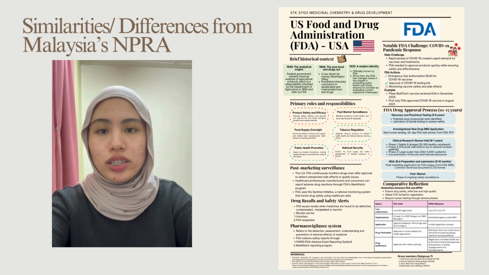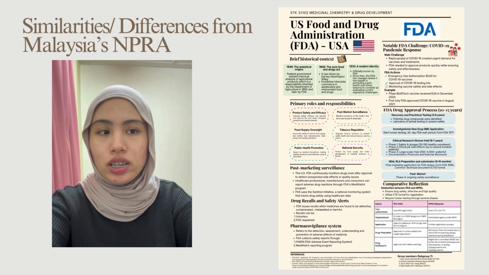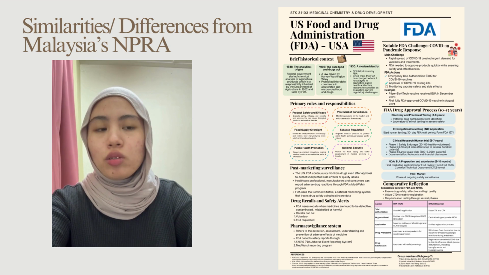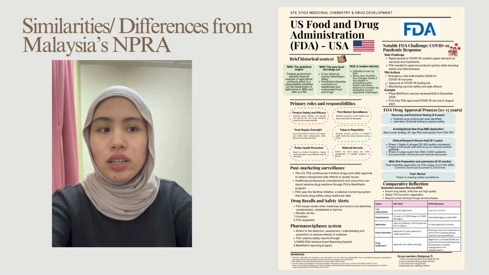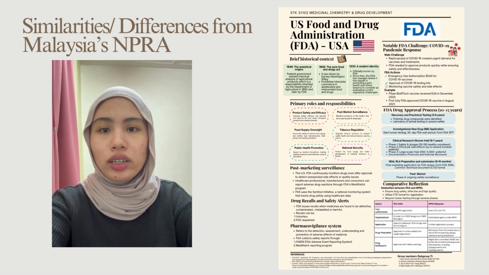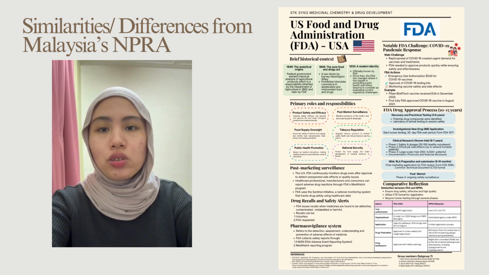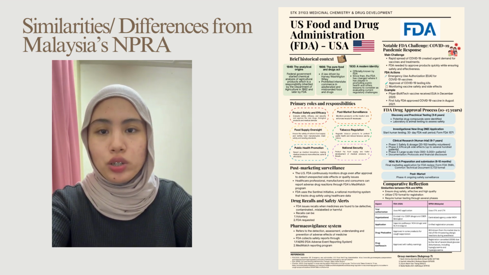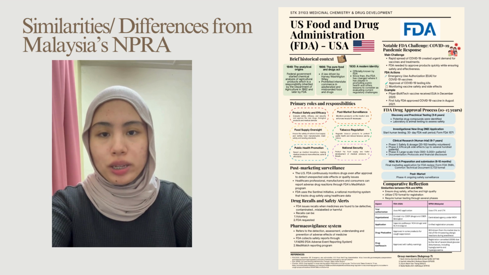Next, for the organizational structure, the FDA is divided into specialized centers like CDER for drugs and CBER for biologics, while the NPRA is a centralized agency under the Ministry of Health Malaysia. The last one is the application. The FDA uses 2 distinct pathways, NDA and BLA, while the NPRA uses a unified registration process for both types.